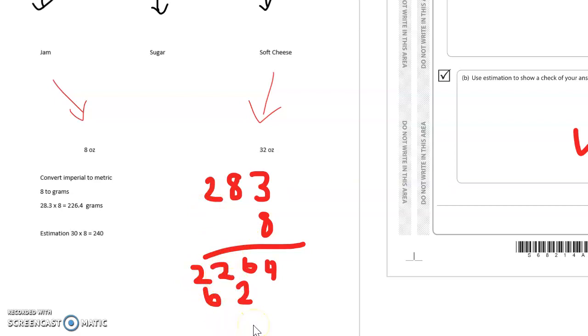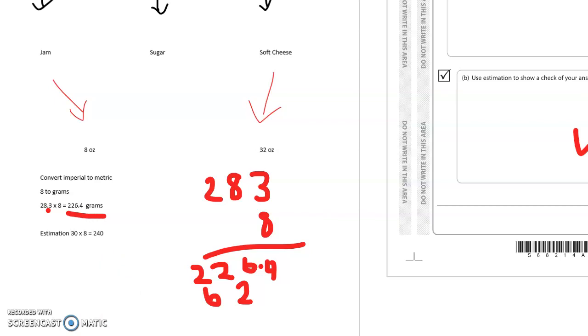So we're left there with 2264. We've taken out the decimal point, but there was 1 digit after the point, so it needs to be put back in exactly the same place. So the answer to the question is 226.4.